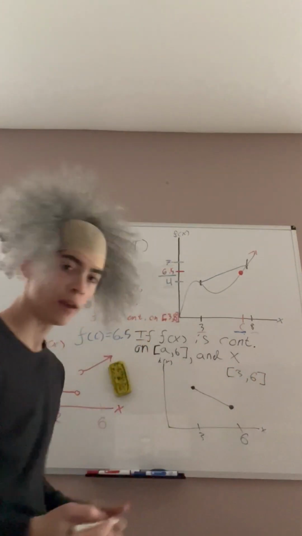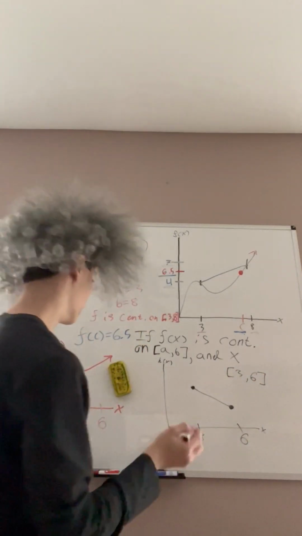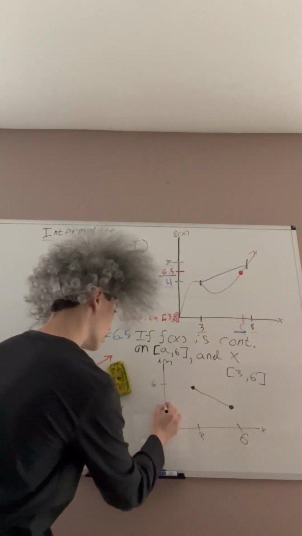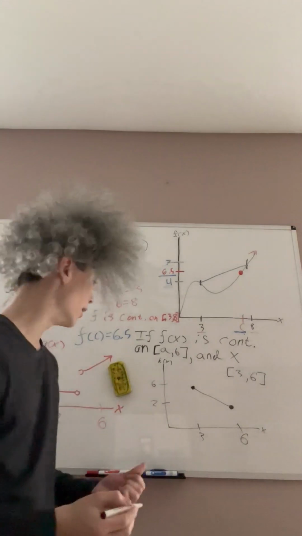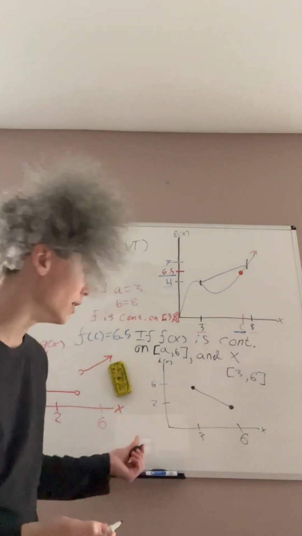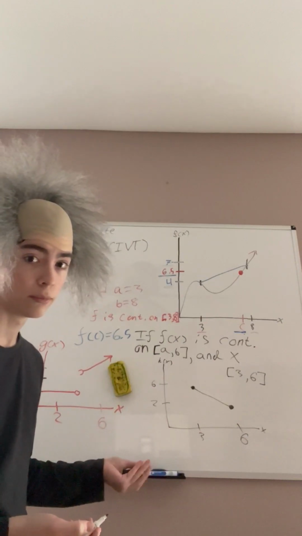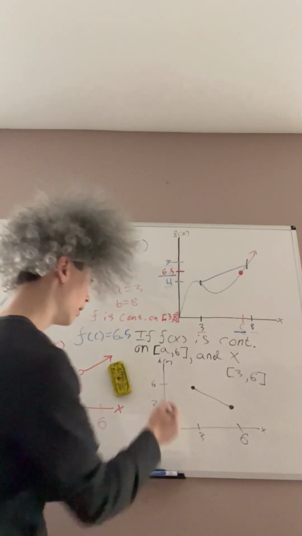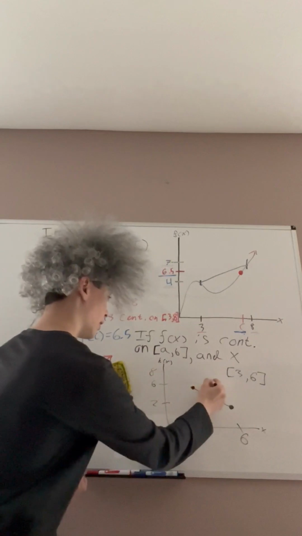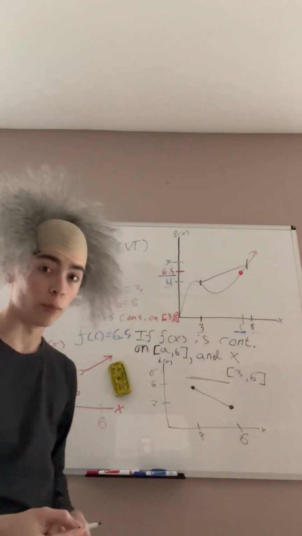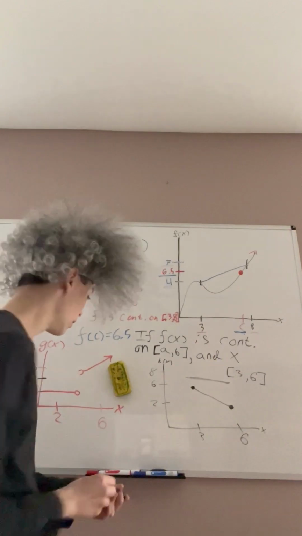But let's say I give you some output values. Let's say this is 6 and this is 2. Now, question: does the IVT guarantee 8 exists on this continuous interval? The answer is no. Let's say 8 would be right here.